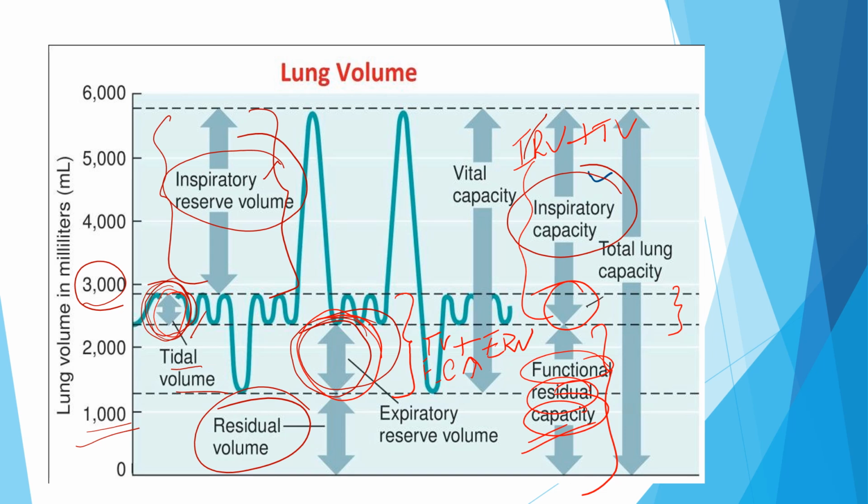Now comes the vital capacity: the maximum volume of air a person can breathe in after forced expiration. After forced expiration, a person can breathe in about this amount of air. What does this include? It includes the tidal volume, the inspiratory reserve volume, and the expiratory reserve volume.